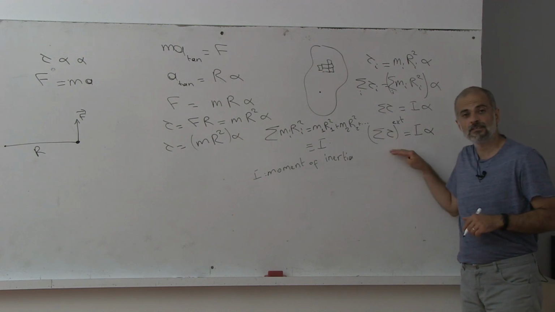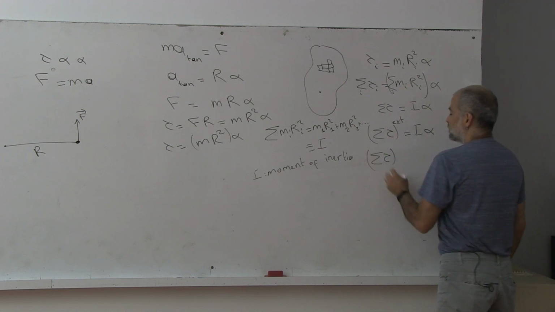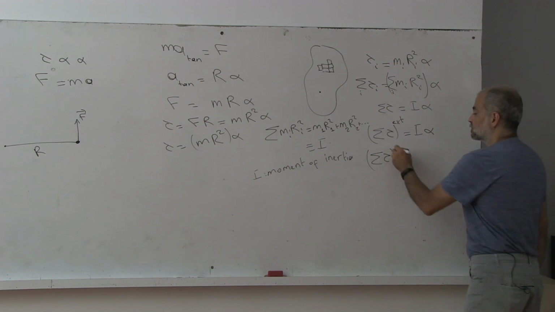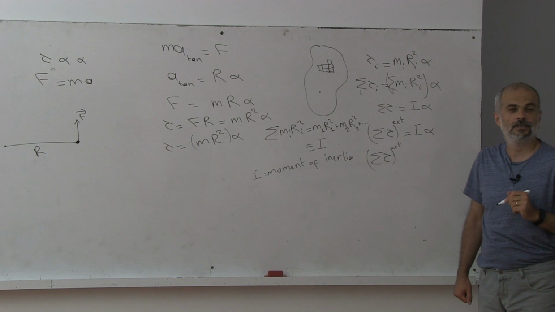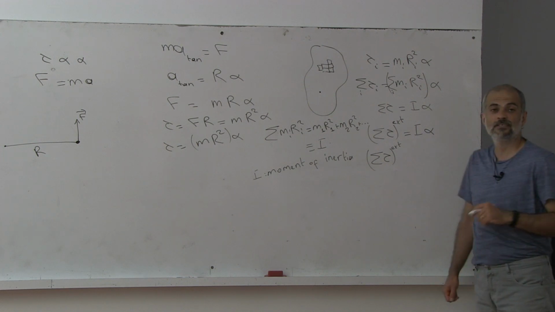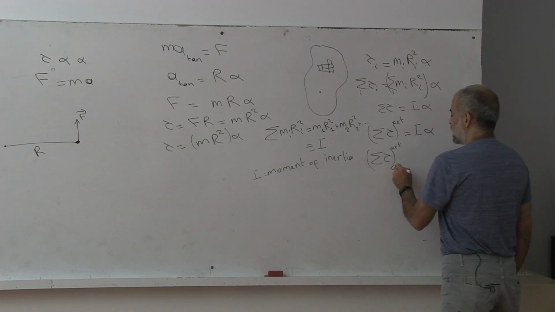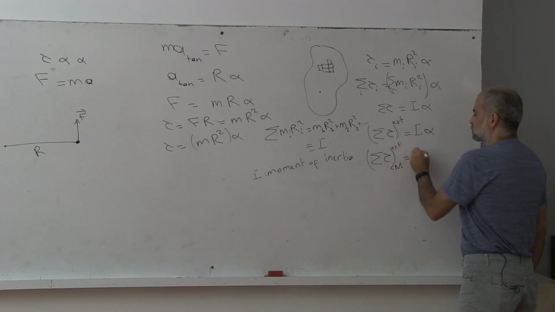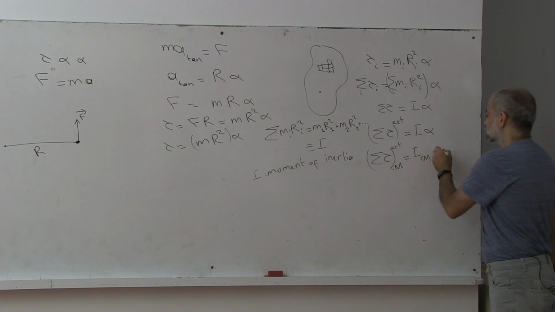And also note that this expression is also valid if the external torque is calculated relative to a rotation axis that has a fixed direction, but is passing through the center of mass. In this case, the moment of inertia should be the moment of inertia for that axis.